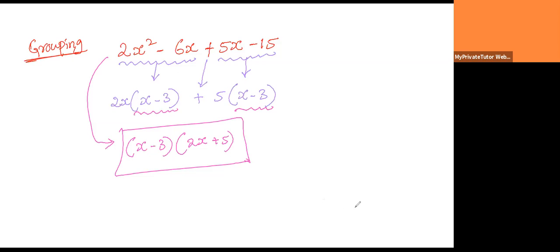Okay, so when we use this grouping method, especially while factorizing the quadratic functions, that's what we are going to learn now, guys. Before that, please tell me the identities, the formulas, the third method. I hope you guys know what is a plus b whole square.